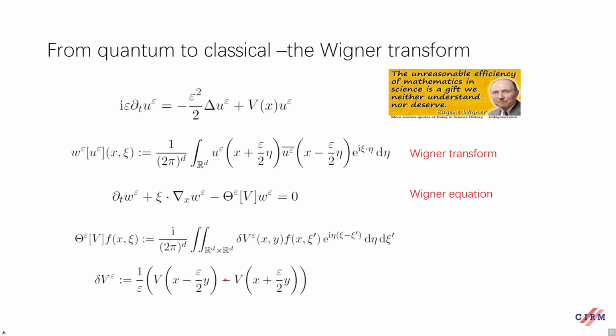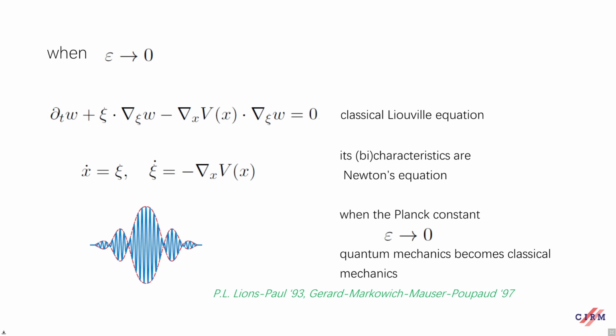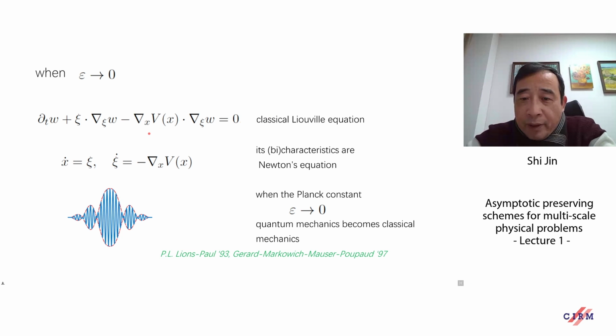If you plug this asymptotic Taylor expansion in, then formally, as epsilon goes to 0, this non-local theta term collapses into a very simple term, the x gradient of V times the psi gradient of w.